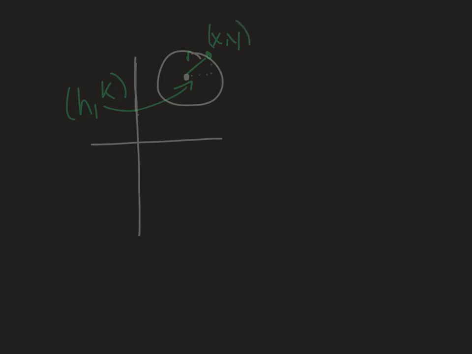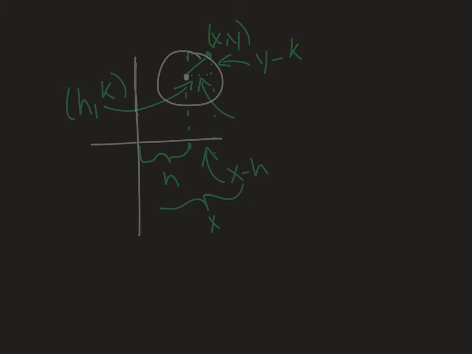So if I think about this distance right here, well, it's not x, it's whatever this distance here would be. Since this distance is h, and this total distance is x, well, this little bit right here would be x minus h. And a very similar argument for y, this would be y minus k.